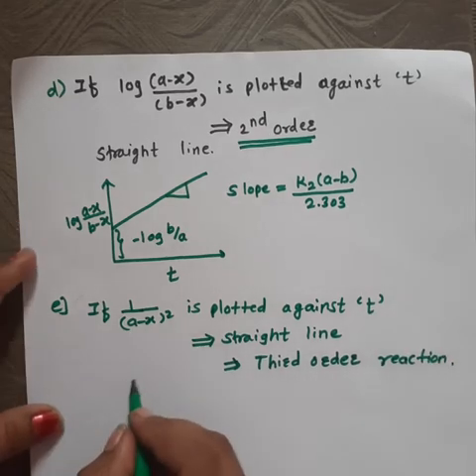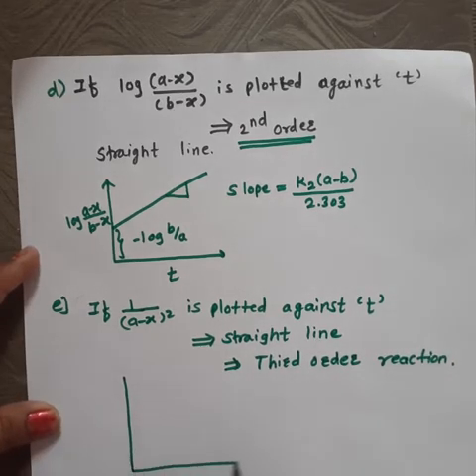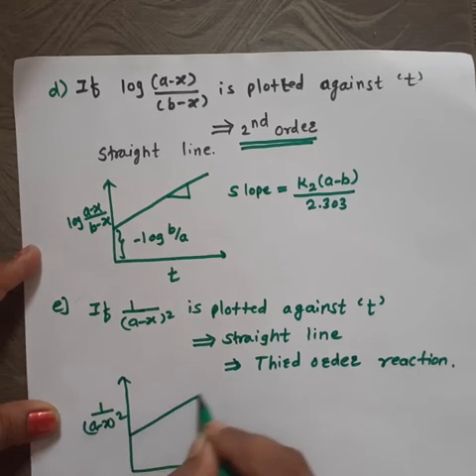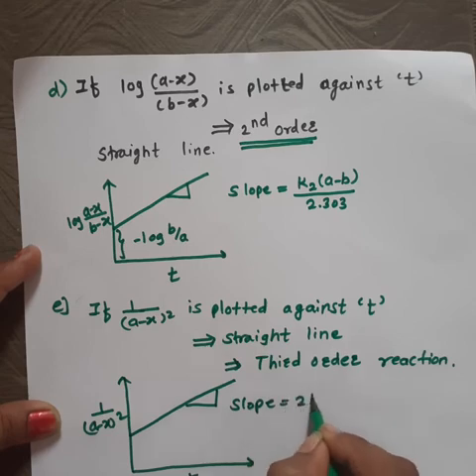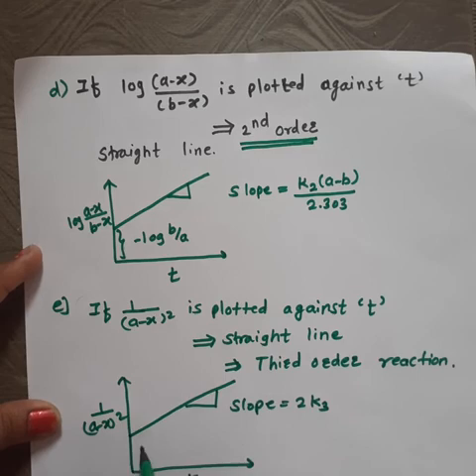So what is the plot for this? If 1 upon (a minus x) whole square is plotted against time t, we got a straight line having slope equal to 2 k3, where k3 is the rate constant for third order reaction. And the y-intercept is equal to 1 upon a square.